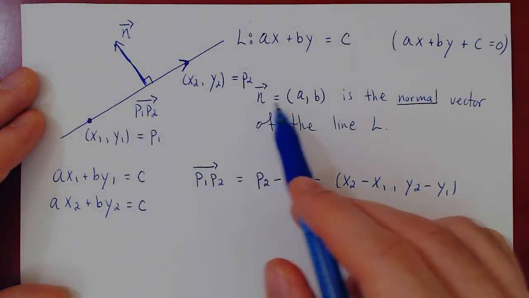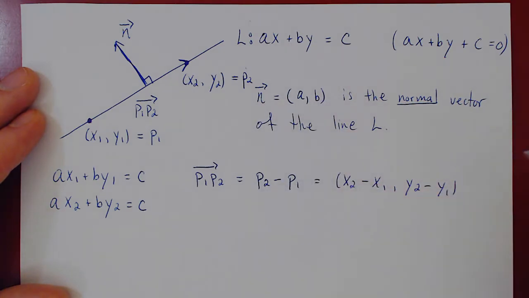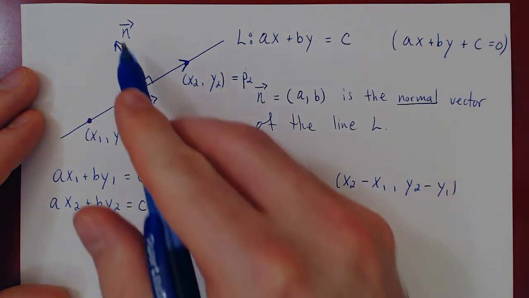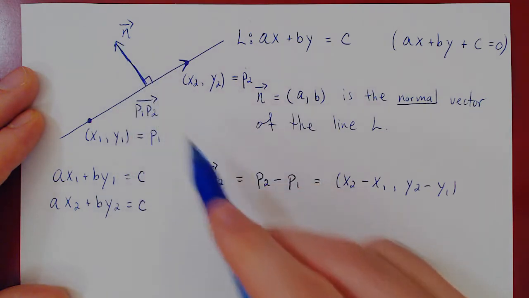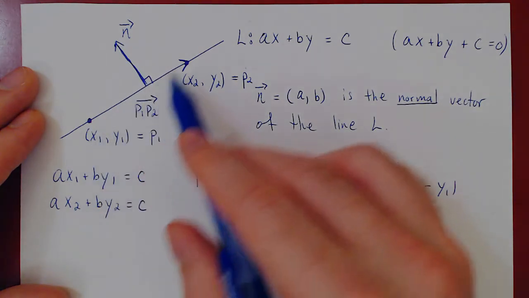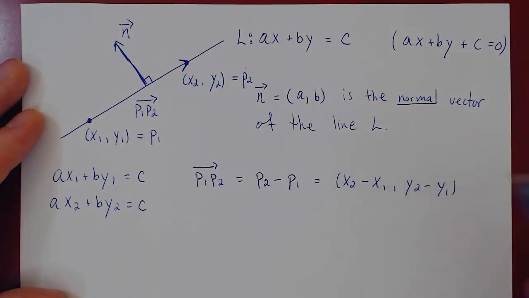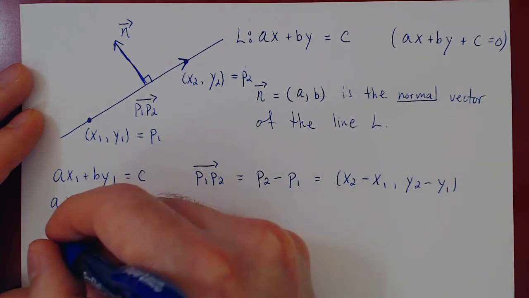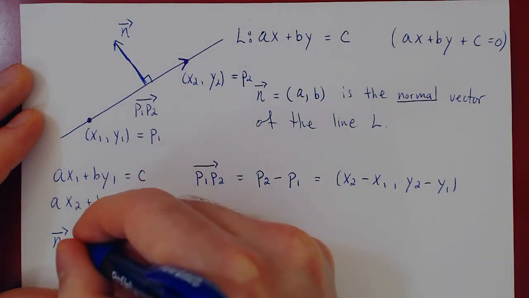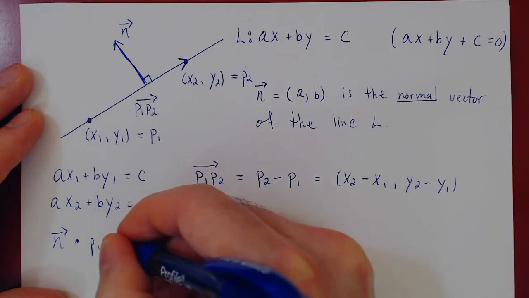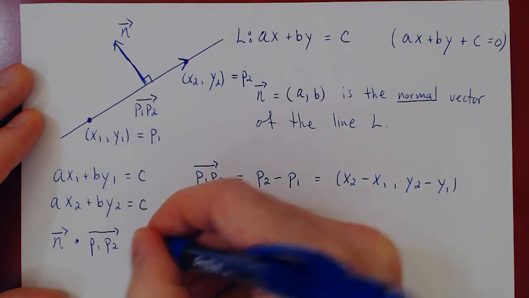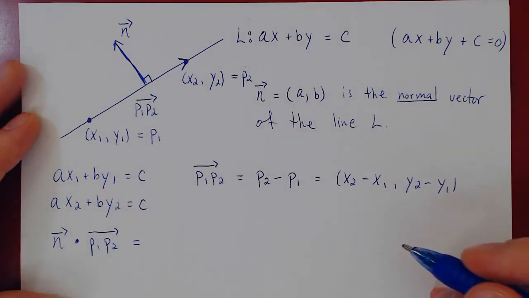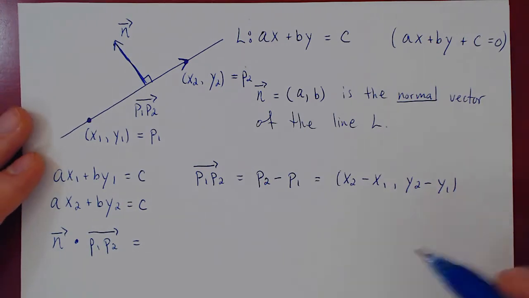The vector n is given by (a, b), and now we use the dot product. We know that the vector n and the vector P1P2 are perpendicular if and only if their dot product is 0. Let's compute the dot product, n dotted with P1P2. Well, to find the dot product, you need the coordinates of the vectors.